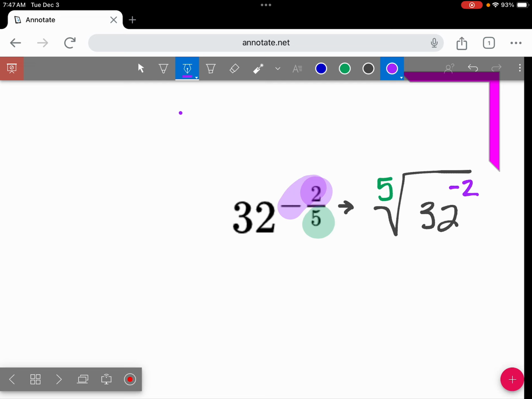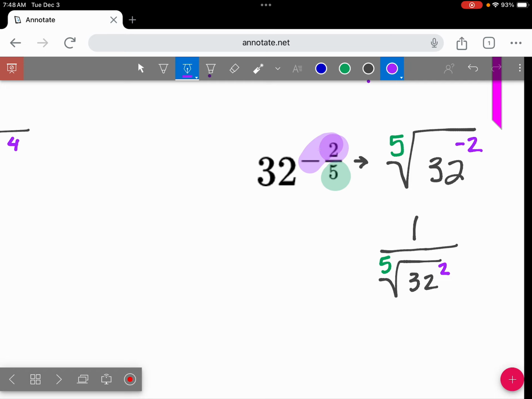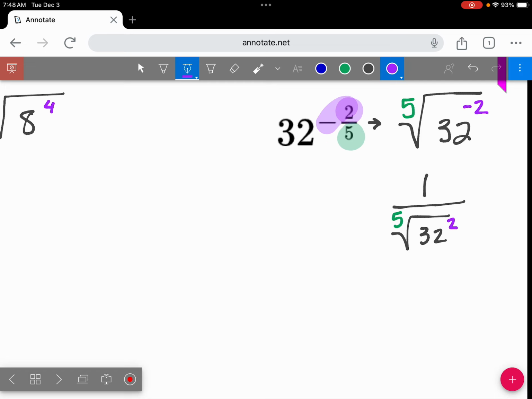Because this is the same thing as 1 over the 5th root of 32 squared. That's what the negative exponent does. So it's going to pull up some old exponent laws for us to remember. And again, I could put this in my calculator in absolutely any of these notations. But honestly, I think the fraction one is the easier one.